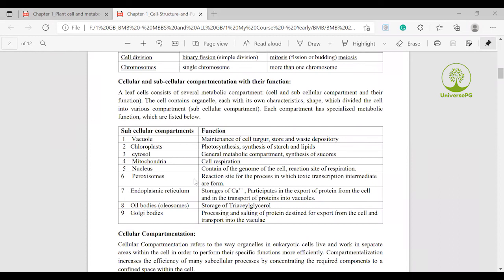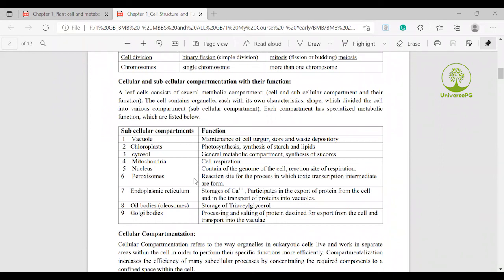These specific compartments perform different types of specific functions, such as maintenance of cellular turgor, and storage and waste depository by the vacuole. Chloroplast generally conducts the photosynthesis reaction and synthesis of esters and lipids. Cytosol is the general metabolic compartment and site of synthesis of sucrose.